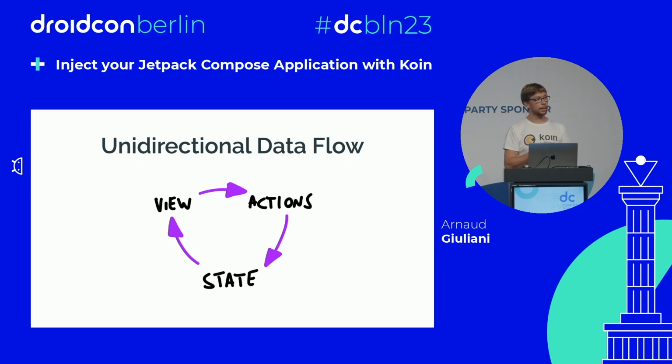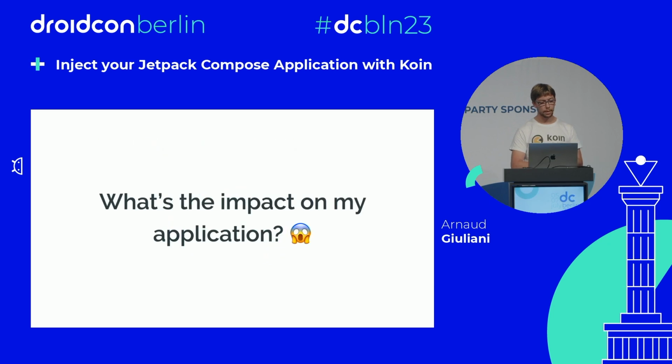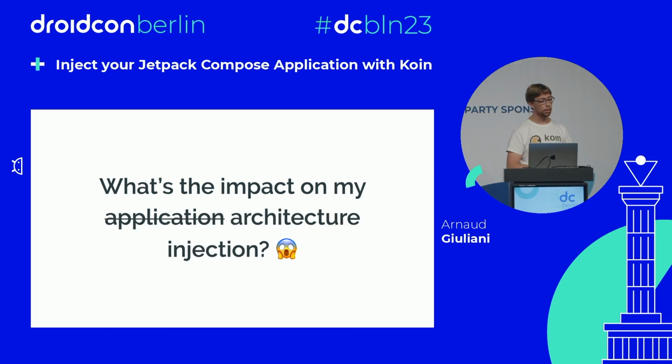That's cool. And this is really a good pattern, a pattern that is already widely adopted on the web and is used on iOS and now on Android since some months ago. And this is the question of today: what's the impact of that on my application, and more about how you inject your architecture stuff.